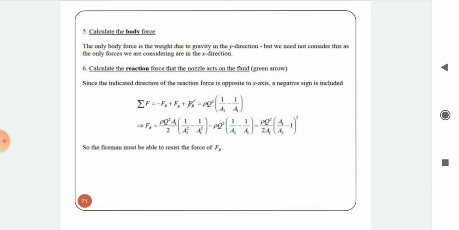Summation of F is equal to minus Fr plus minus Fp plus F divided by S equal to rho Q square into 1 upon A2 minus 1 upon A1.